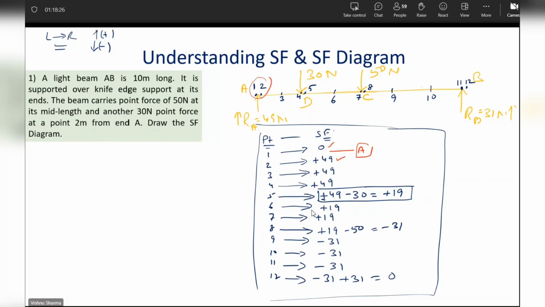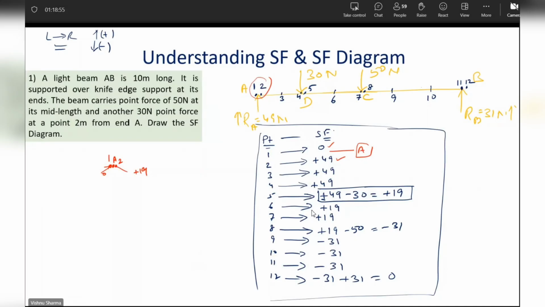What did I tell you? Yes, sir. 1, A and 2 are adjacent points. So if it is 0 here and it's plus 49 here, then where has the change taken place? The change has taken place at A. Yes or no? The change from 0 to 49 would take place at the point in between the two.